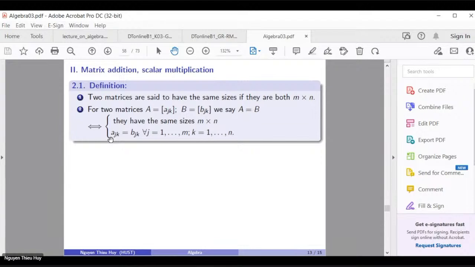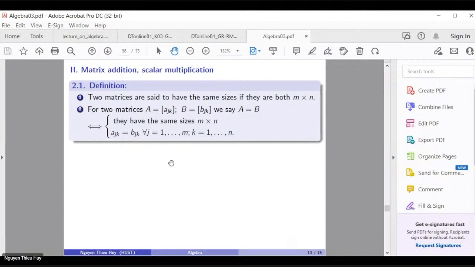So the entry in the j-th row and k-th column of A is the same as the entry in the j-th row and k-th column of B. So a_jk equals b_jk, true for all j and for all k. Actually, two matrices are equal if they look exactly the same. It's very simple, but I should write it here as a first thing before we can do further operations.